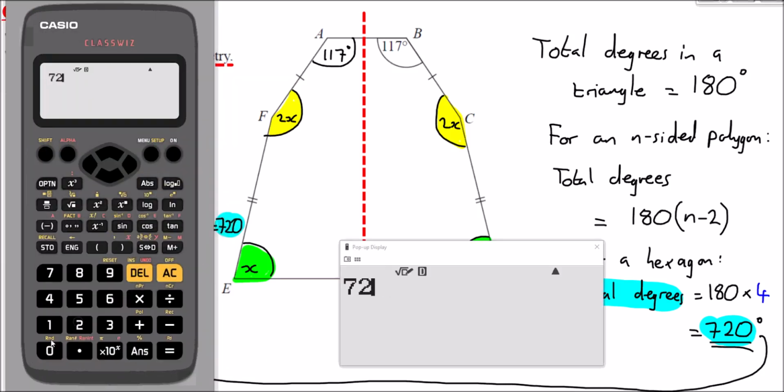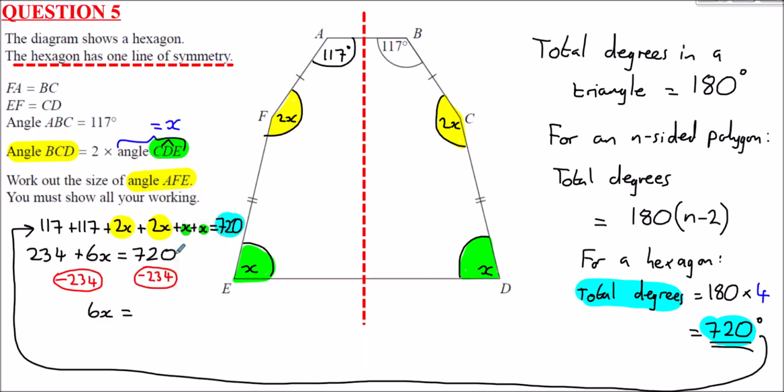So 720 minus 234, that gives us 486. So 6x equals 486. We can work out what x is by dividing both sides by 6.